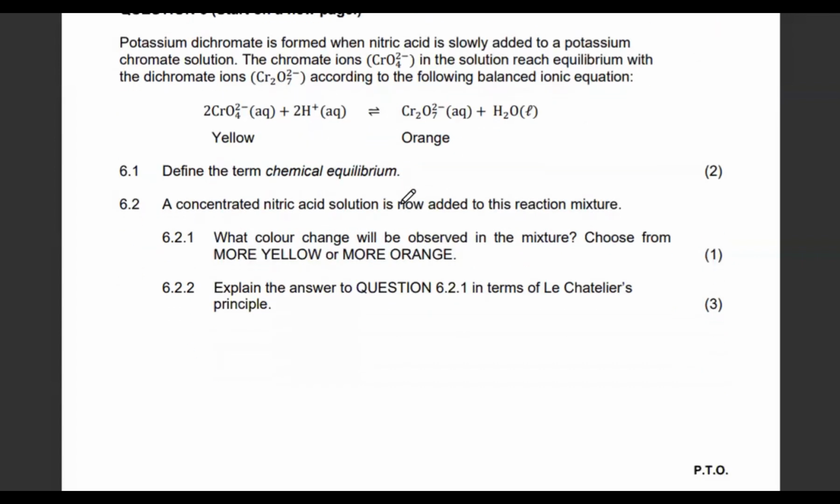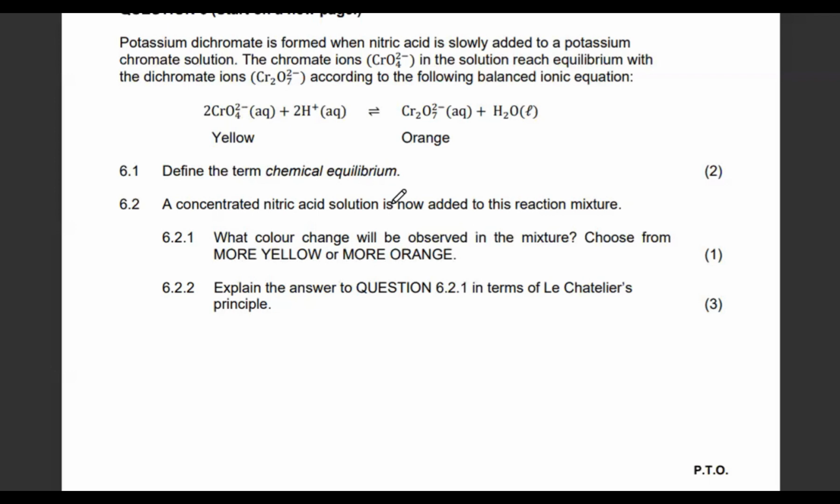Define the term chemical equilibrium. Basically, this is a definition. Chemical equilibrium, sometimes called dynamic equilibrium, is when the rate of the forward reaction is equal to the rate of the reverse reaction.